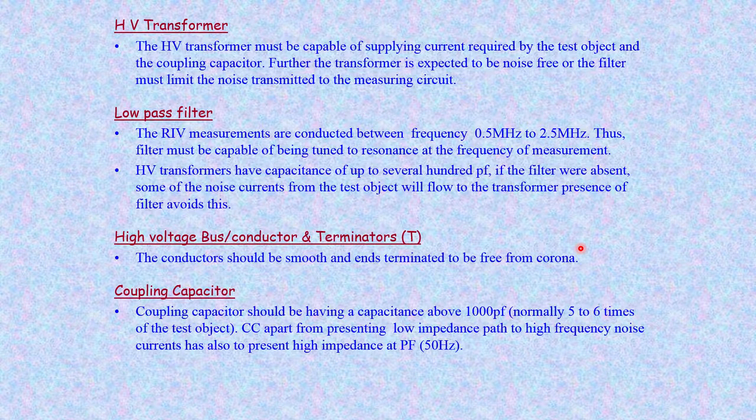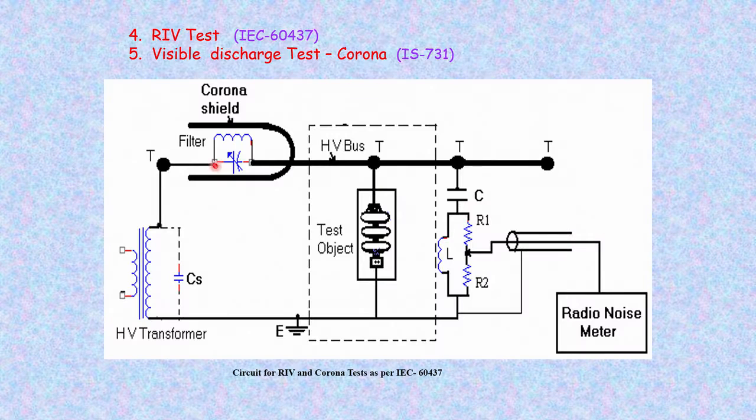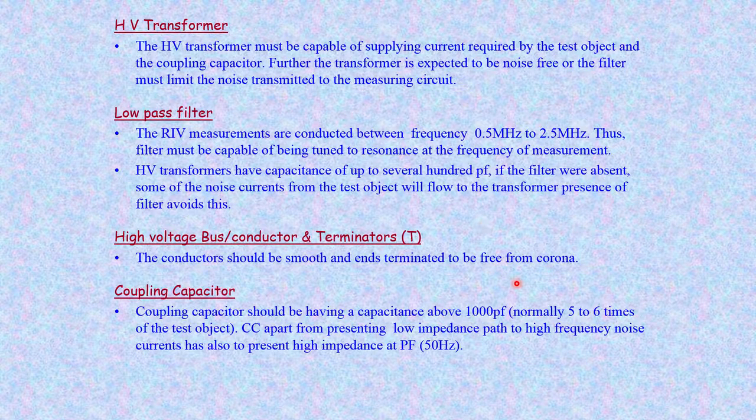All the connecting ends should be properly terminated. You cannot expose the ends, where discharges are likely to happen. So, these ends or termination points have to be properly enclosed with a suitable shielding arrangement.